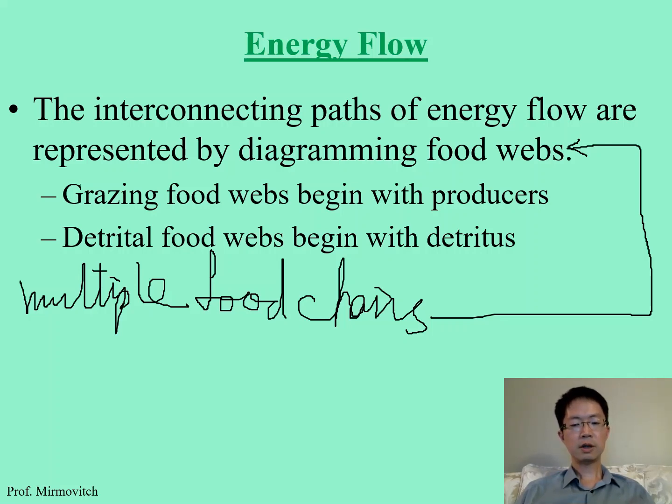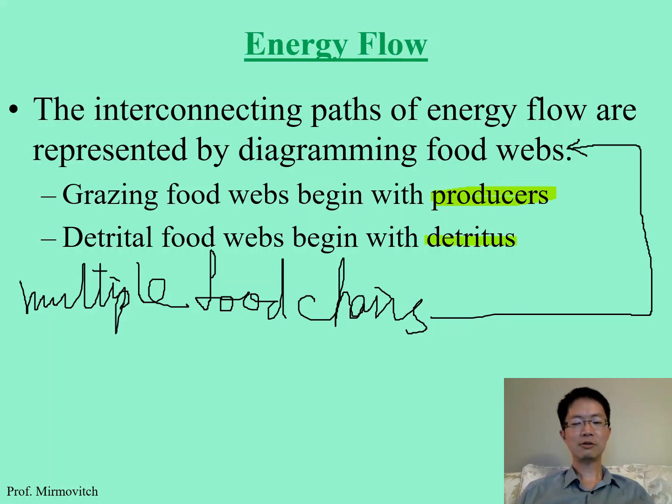Grazing food web begins with the producer. Everything should begin with the sun, where the ultimate source of all the energy is, and then it goes to the producer. And detrital food web begins with the detritus.